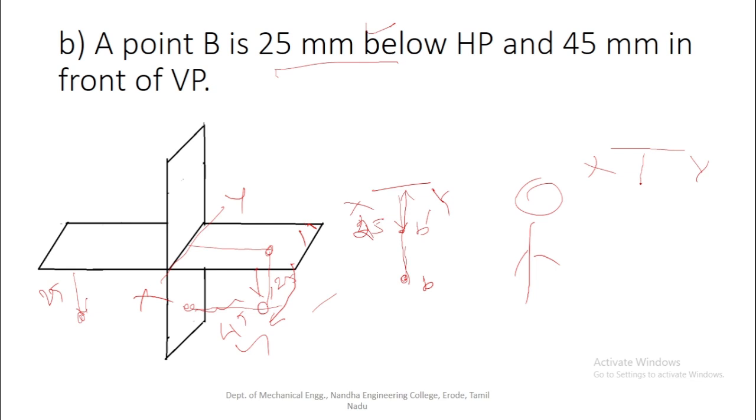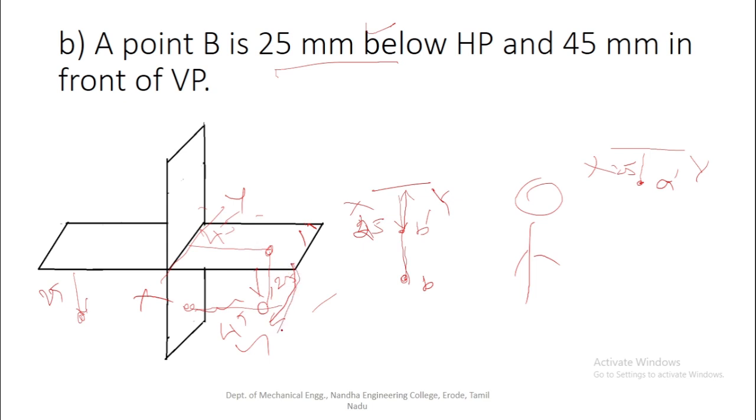The front view is 25 mm below the HP, so it is b dash, and this is the 25 mm. Then the distance between the VP and the object is 45 mm. So here the 45 mm. After we draw the projection of the top view, we have to rotate the horizontal plane 90 degrees in the clockwise direction.